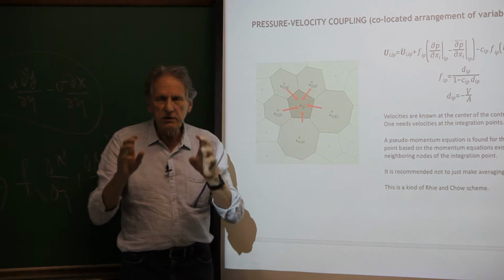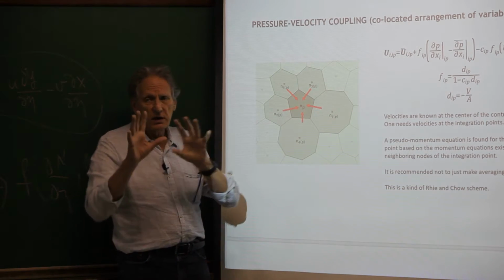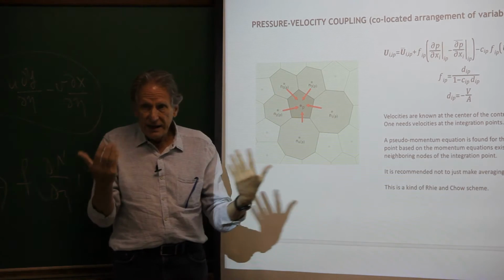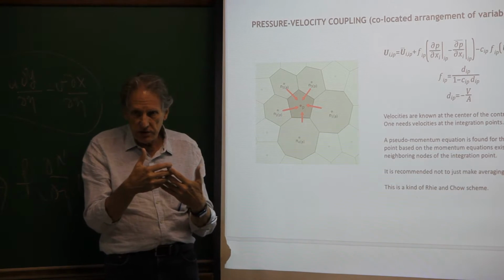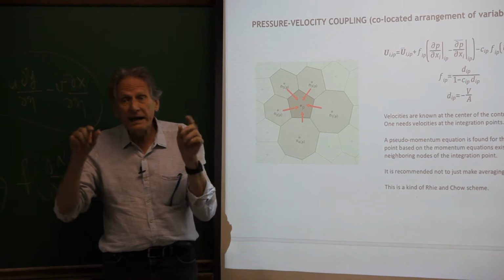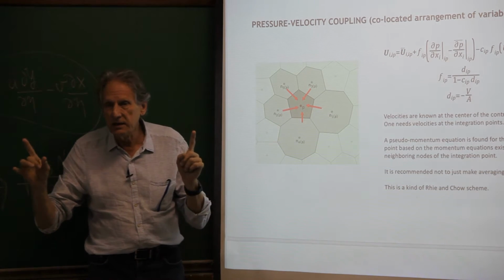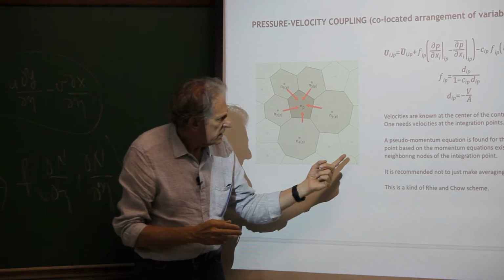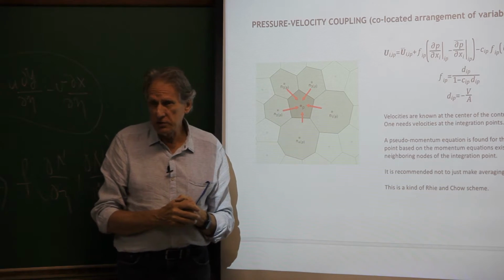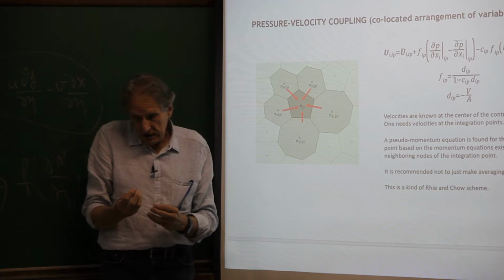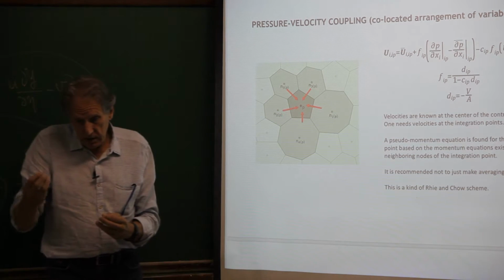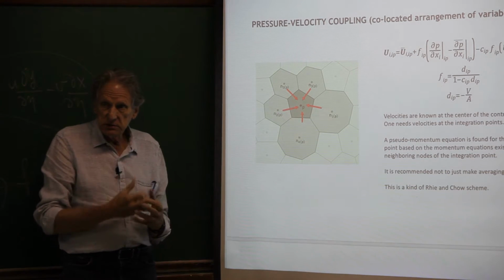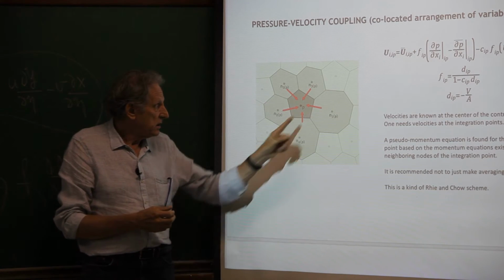You do the integration, you have the equation for this point, and the same for that, for that, for that. Now you use those equations, in some kind of averaging, to get an average momentum equation at the integration points. That's the idea. What I'm calling here a pseudo-momentum equation. So it's an equation based on the discretized equations around that integration point.